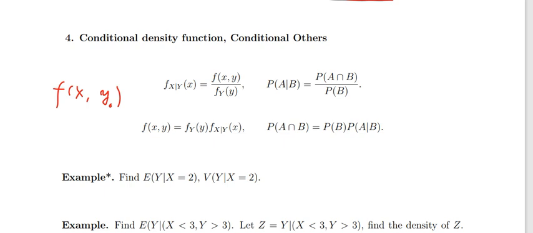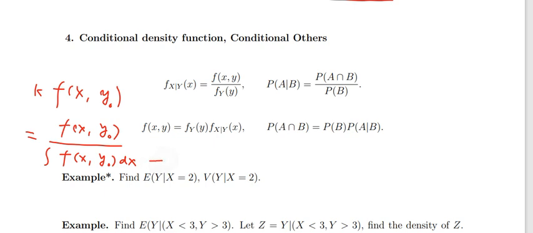But this may not be a density function because the total probability does not equal 1, so we multiply by a constant k. This constant is just the total probability for those x, right? So this one is actually just the marginal density function for y.